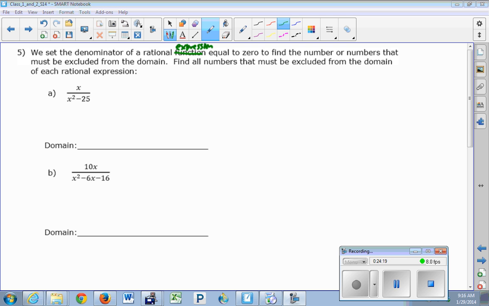So find all numbers that must be excluded from the domain and then write the domain. I don't have any concern at all about the numerator being 0. It's fine to be 0 in the numerator, but your denominator cannot be 0. So to find the value that you have to exclude, you set the binomial that's in that denominator equal to 0, and you solve.